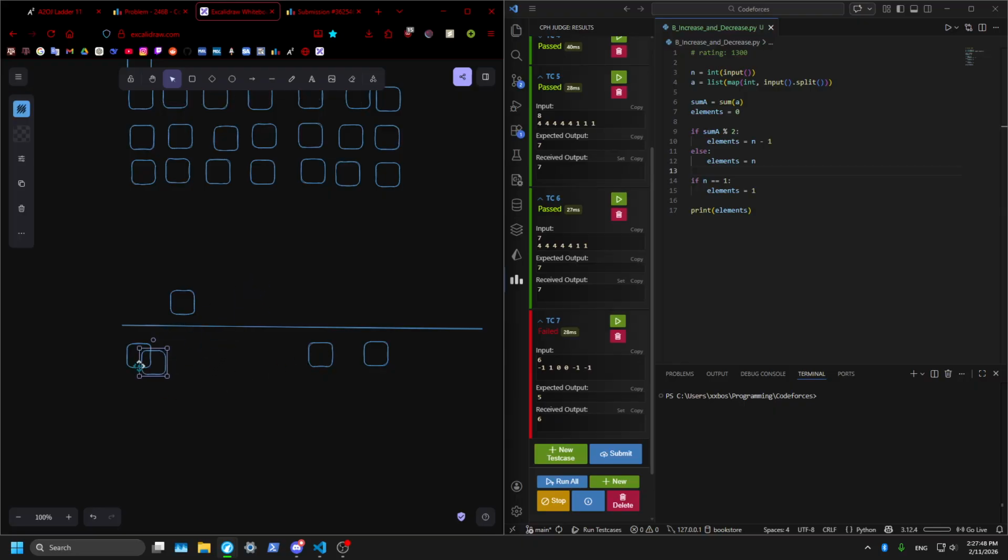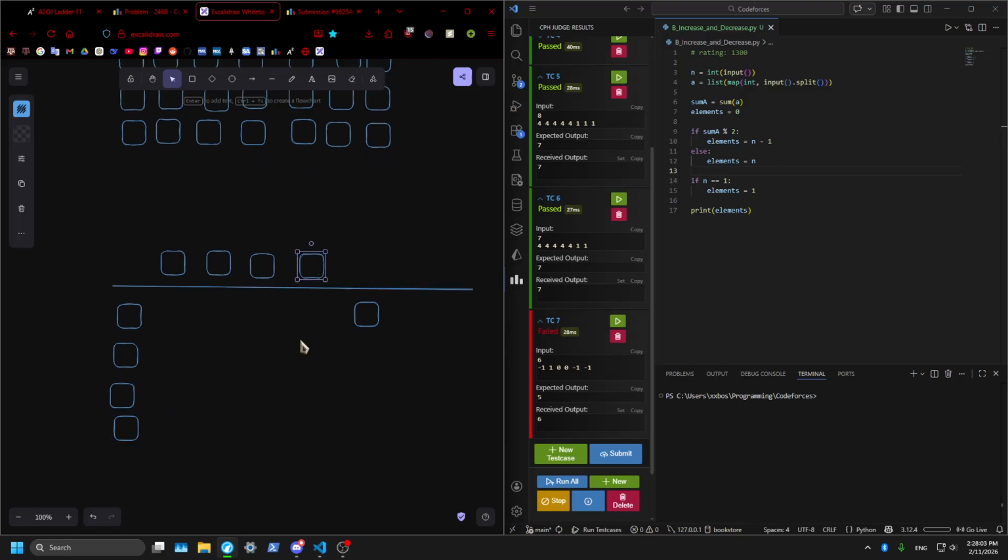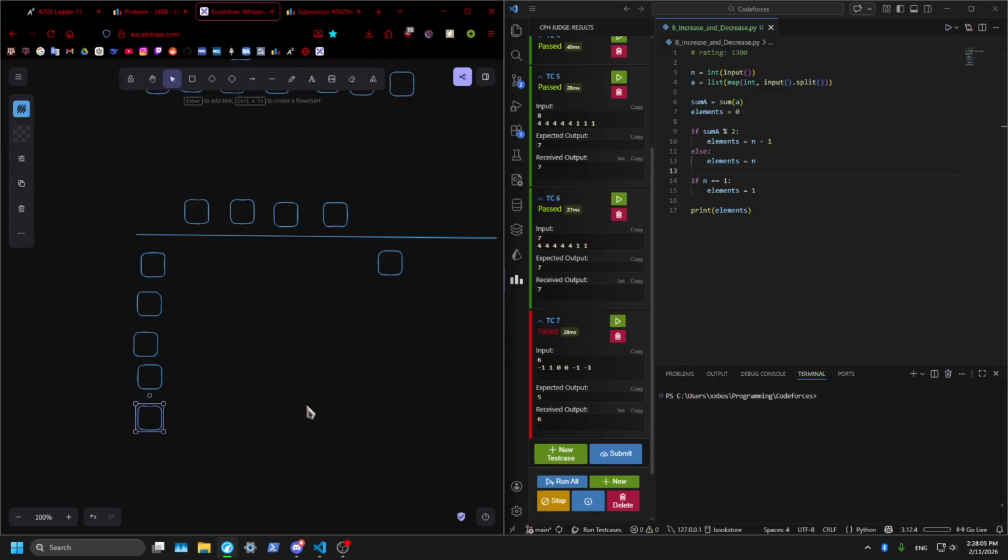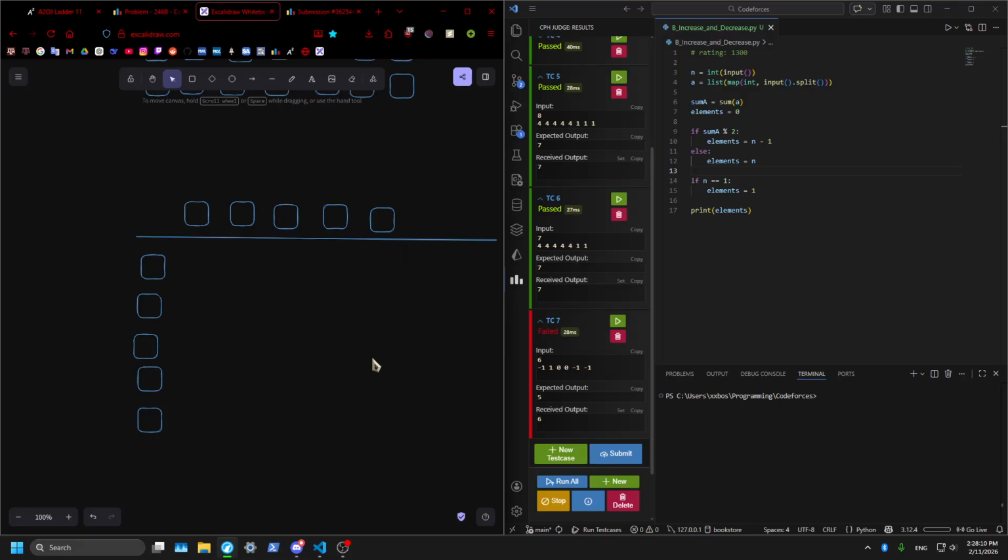So we would do boom, boom, boom, boom, and then boom, boom, boom, boom. This makes it slightly harder. So we can always just stack 1 to make all the other ones.